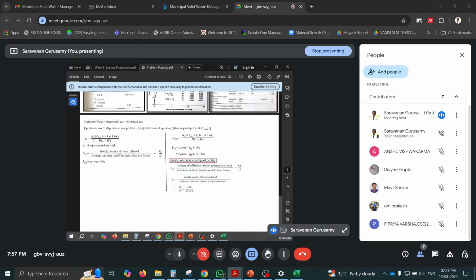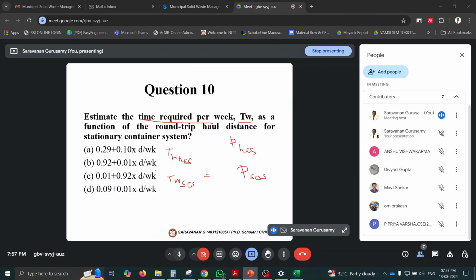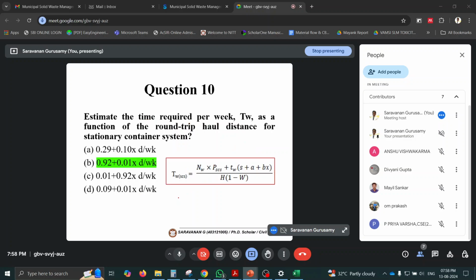Same TW formula, NW into PHCS plus S plus A plus BX by H into 1 minus W. Here, NW into PSCS plus TW into S plus A plus BX, because there is no need to travel to the site every time. So here it will be separated. So NW we know, TW is the rounded off value by 8 into 1 minus W. So you can easily find the TW value in terms of X. Please write it down once in a notebook. You can easily understand what the values are.